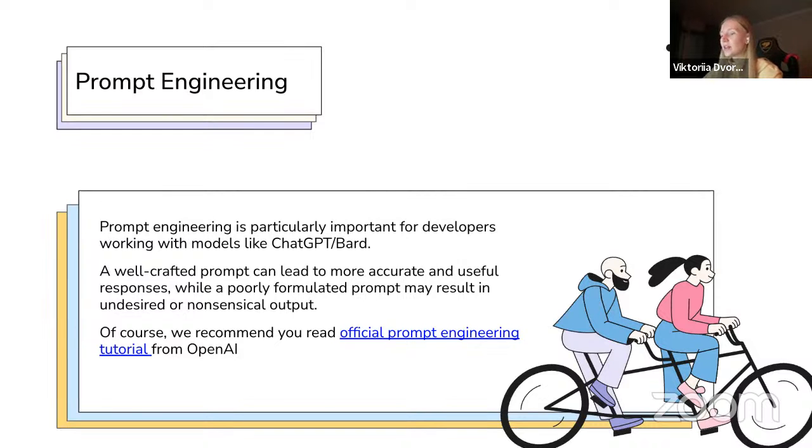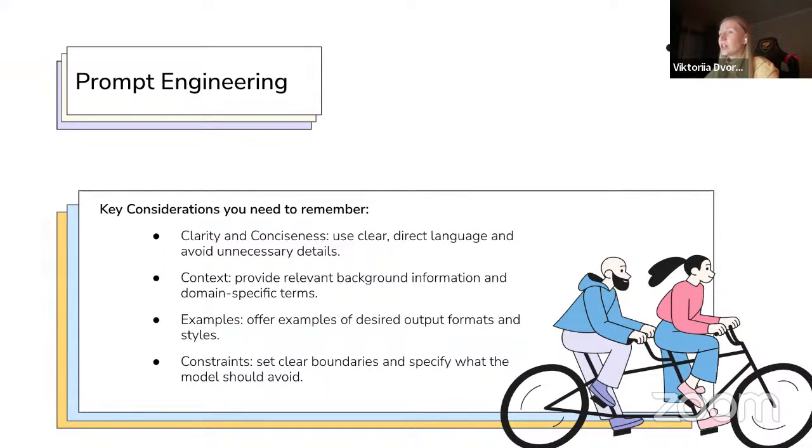But the next recommendation is that you need to use direct language and be clear, and avoid unnecessary details, as we mentioned previously. Don't send irrelevant information, but send context, like background information that might be important for the chatbot. Give examples, and if you're allowed to, just copy and paste the code snippet.